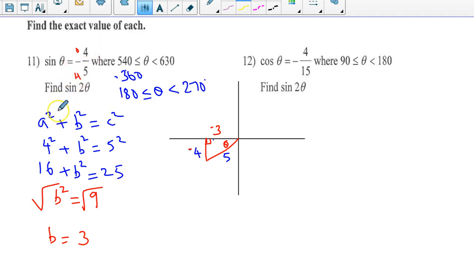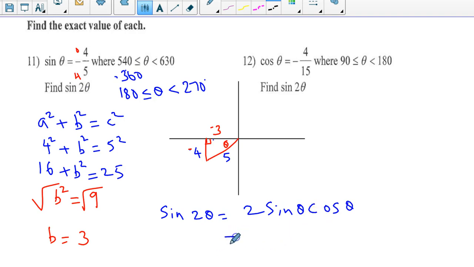Now you are looking for sine 2 theta. So what is the formula for sine 2 theta from the double angles? You know that sine 2 theta is equal to 2 sine theta times cosine theta, right?